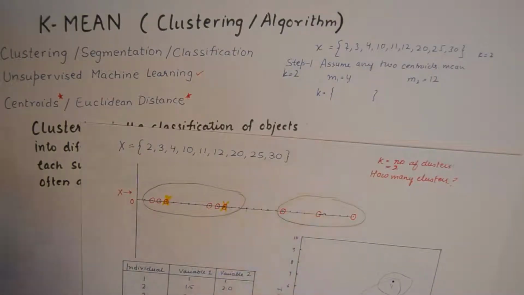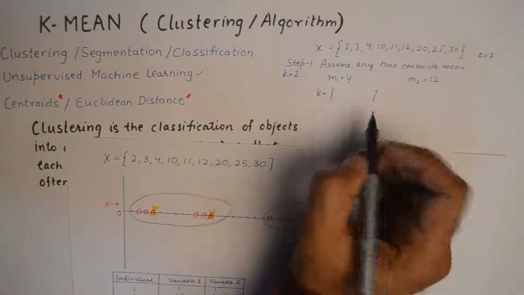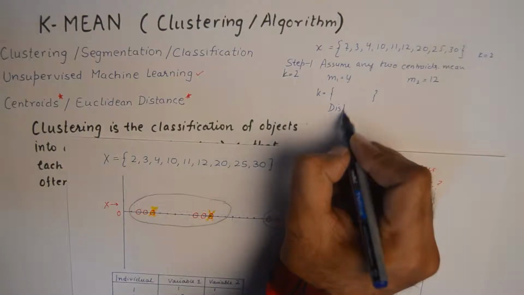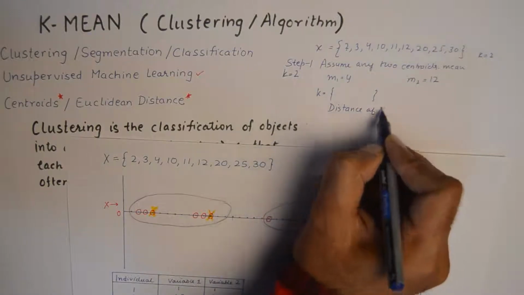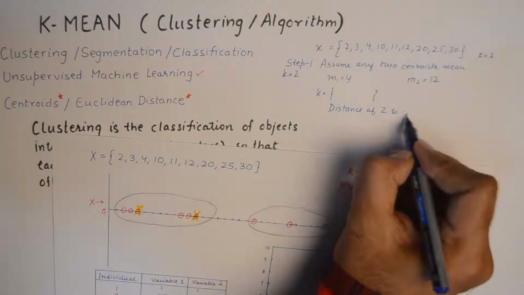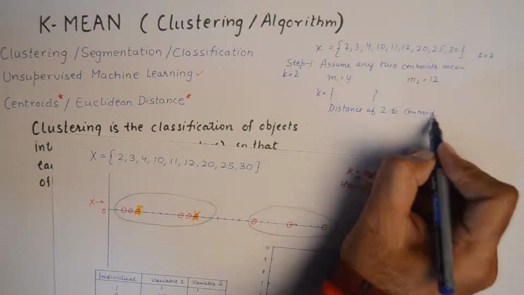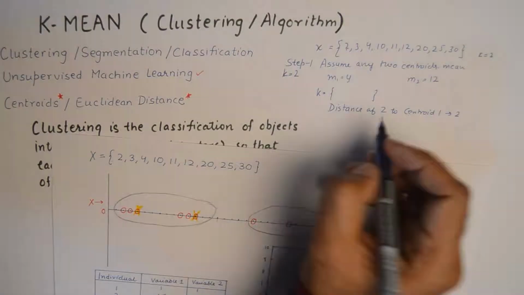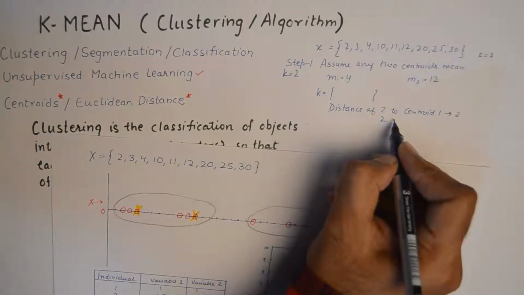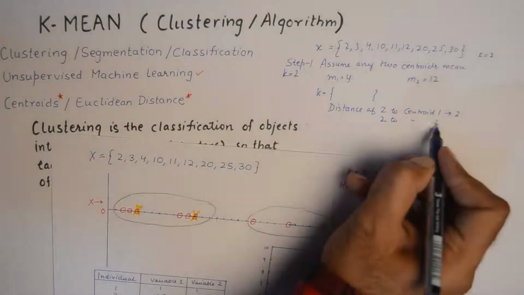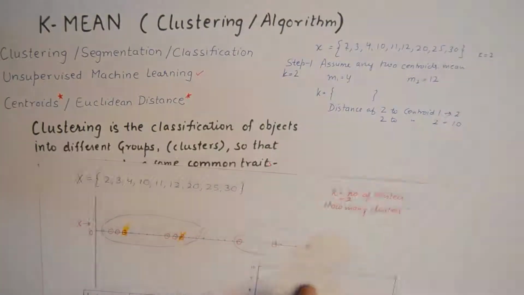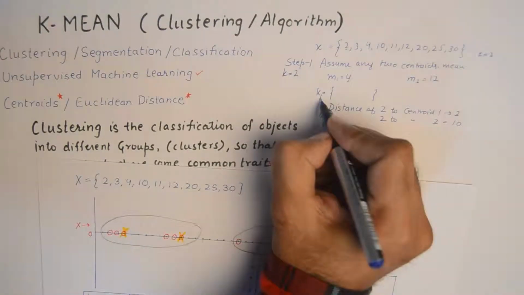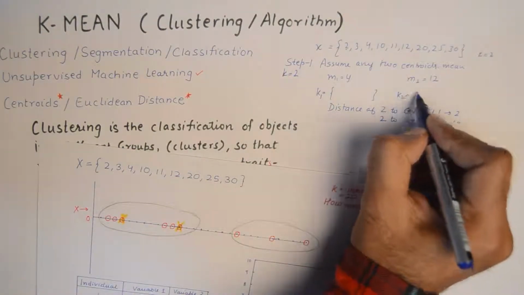Now that is a pretty confusing statement, but I'll make it easier by saying that the distance of 2 to centroid 1 is 2, because 4 minus 2 is 2, and the distance of 2 to centroid 2 is 10. So where will 2 fall, in cluster 1 or in cluster 2?